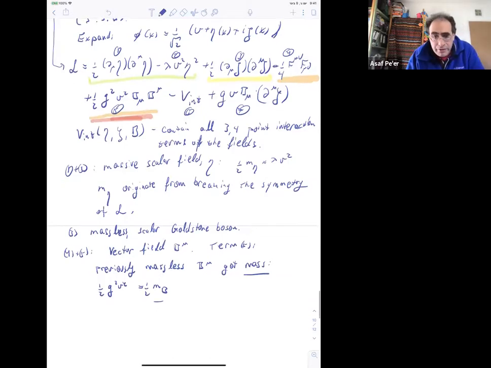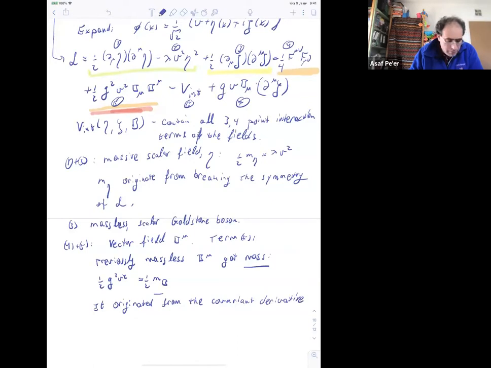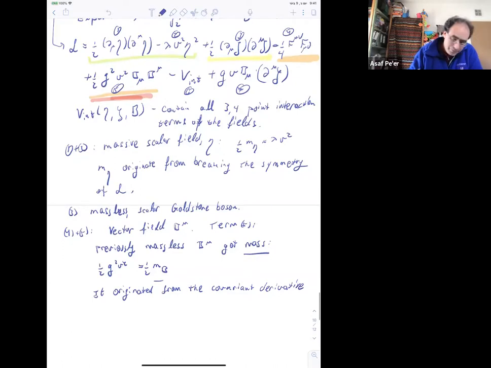This came from the covariant derivative. It originated from the covariant derivative. Which means that it's really a result of a local symmetry breaking.